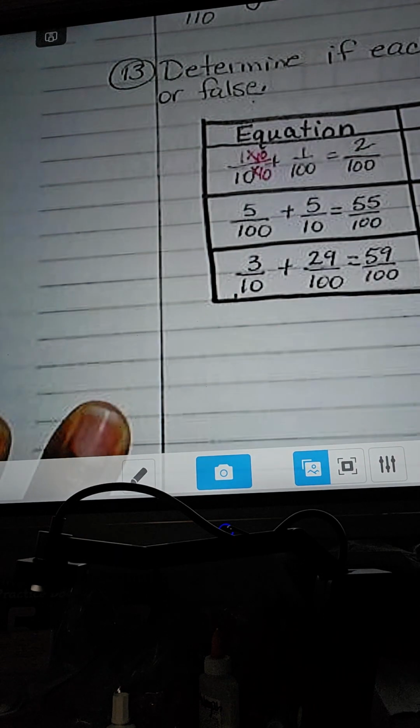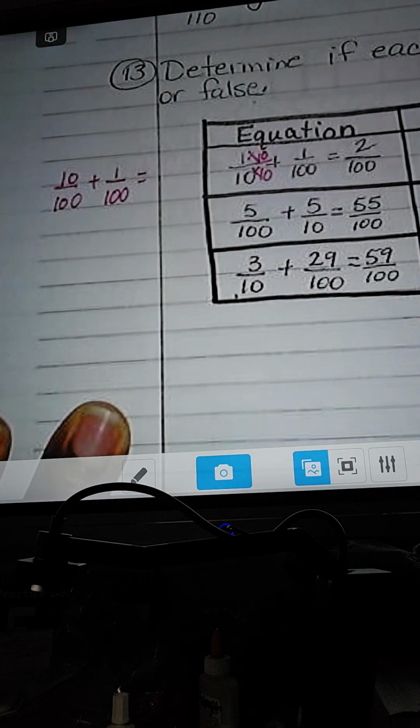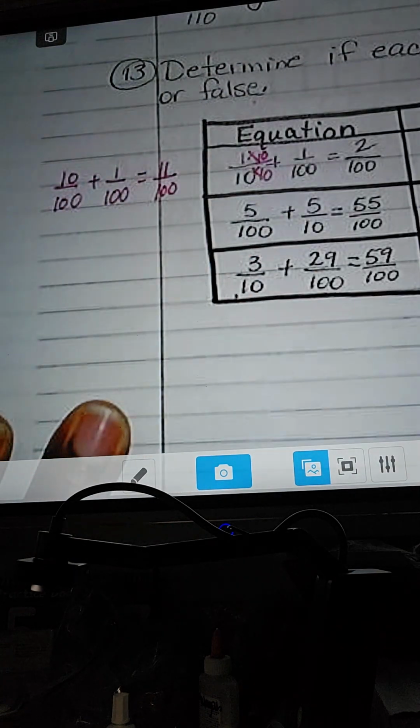I already know that I have to multiply my 1/10 by 10 over 10, which gives me 10 hundredths plus 1 hundredth equals 11 hundredths. Y'all better focus. 11/100.